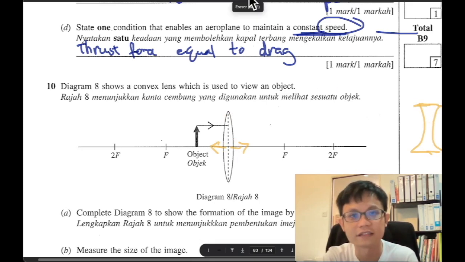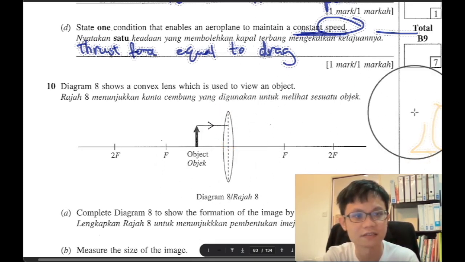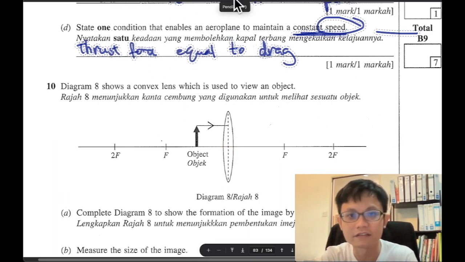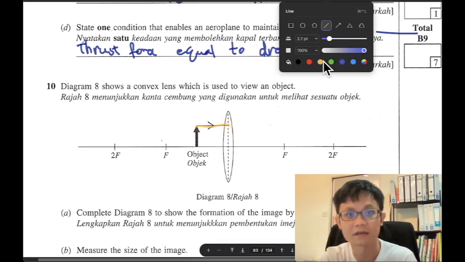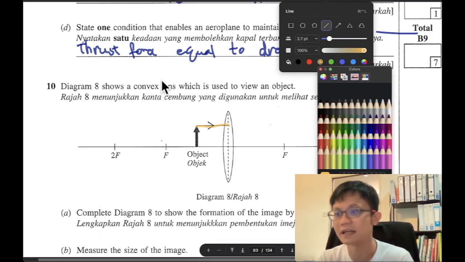Let's erase this one to not make things unclear. There will be 3 steps you need to do when you are doing this question. The first step is to draw a straight line, which they already did for you in the question.